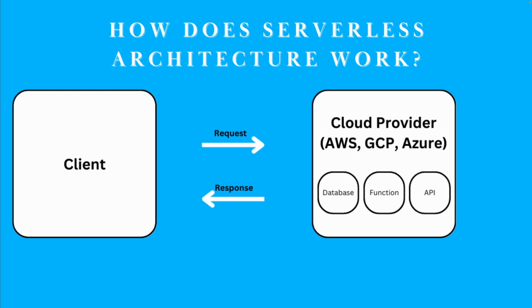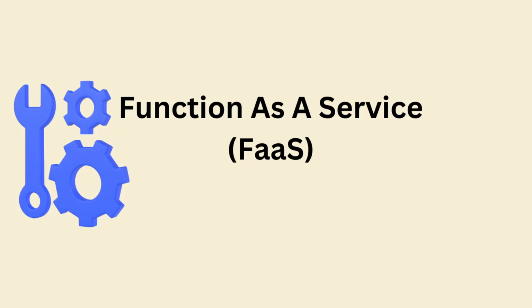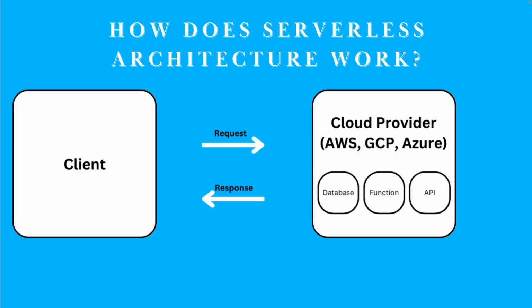And like I said, the function, right? A popular serverless architecture tool is function as a service, FaaS for short. That's the little function box that I have in this cloud provider box on the screen, right? Essentially what function as a service does is it allows developers to write their application code as a set of discrete functions.